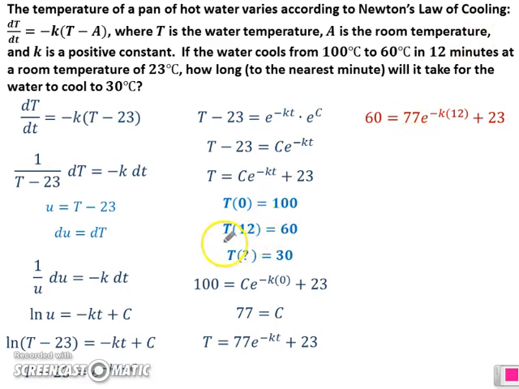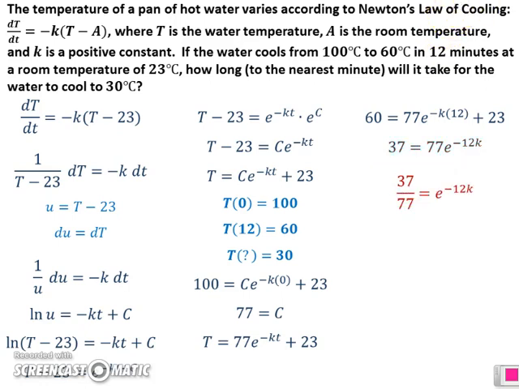Let's use the 12 and the 60 now. Plug in a 12 for the little t, and then plug in a 60 for the big T, and we'll be solving for k now. So subtract the 23, and you have negative 12k as your exponent. Let's divide by 77 next, so we can get that e term all by itself.